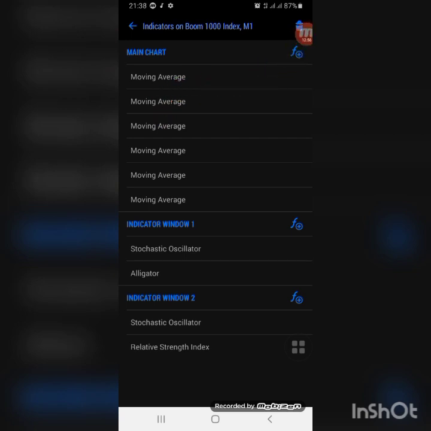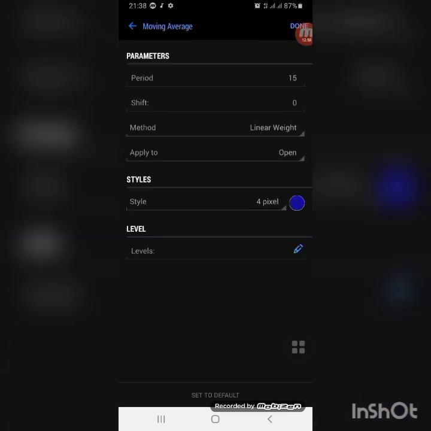All right, the first one here: period is 15, shift 0, method is linear weighted, apply to close, style. You can choose any color of your choice. I choose blue. Next one here, we'll have period 14, shift is 0, method is linear weighted, apply to close. You can choose a color of your choice.